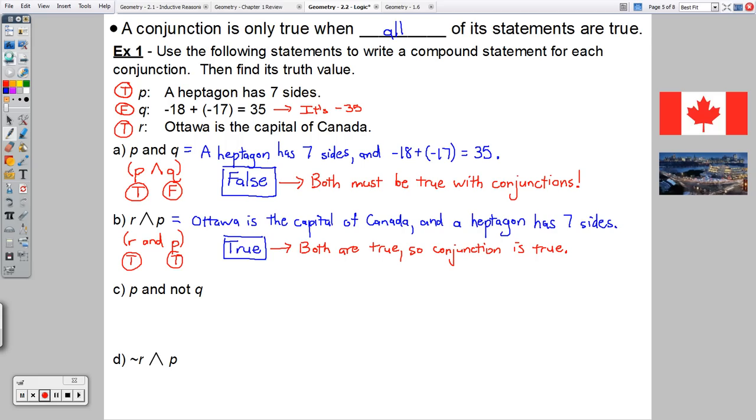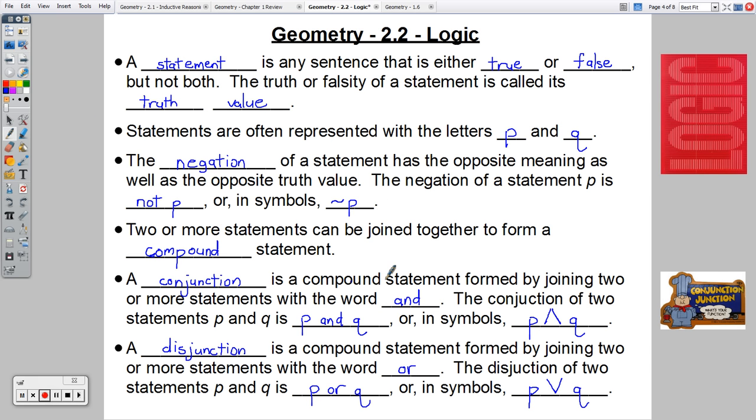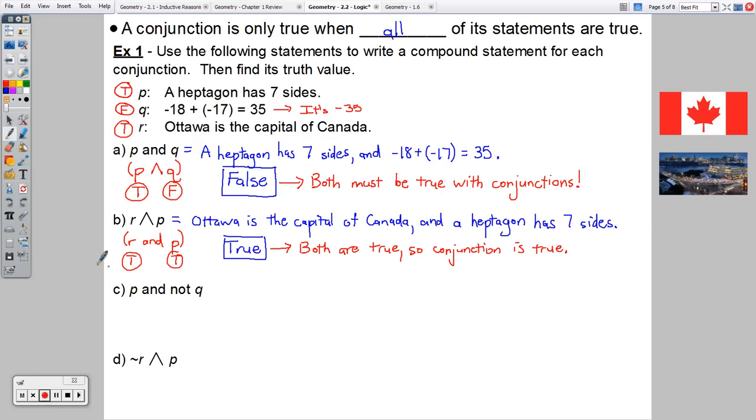Well, we said back here, the negation of something we can write like this, not P, tilde, and then a P. P and not Q would look like this in symbols. So is P true?